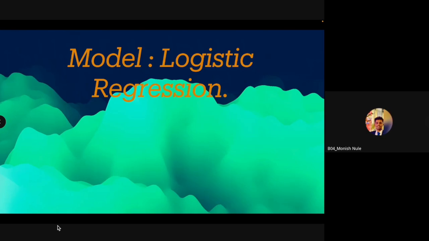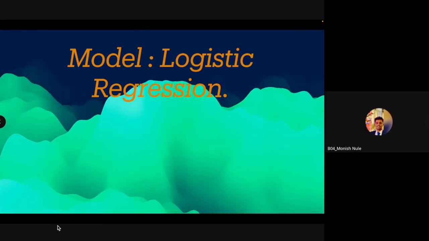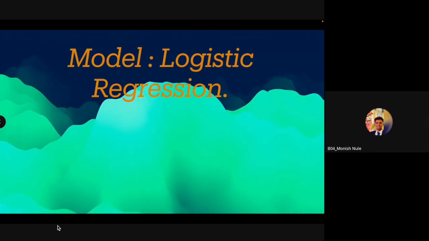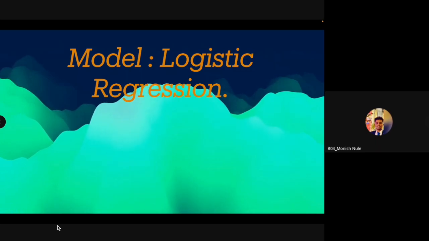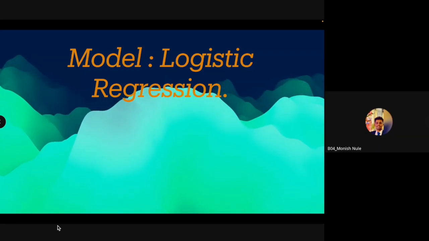This is the first introduction of logistic regression in this case study. Logistic regression deals mostly with linear variables, and it gives you a categorical prediction of 0 or 1.